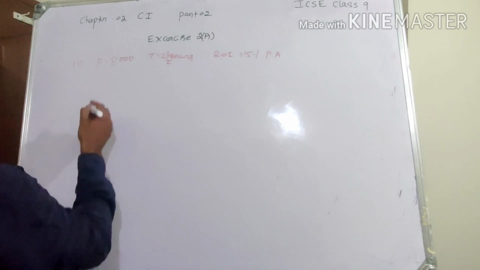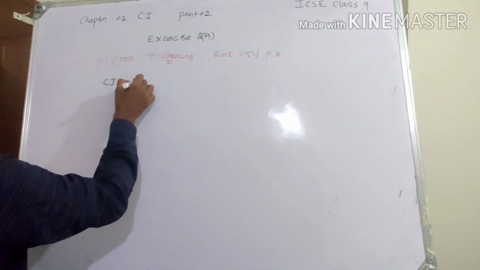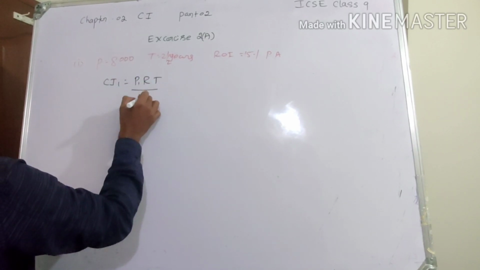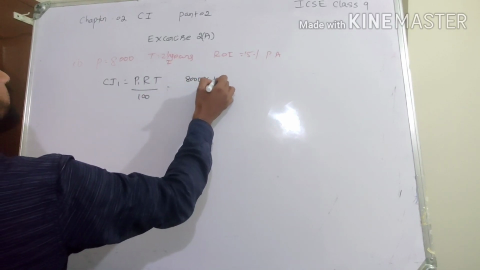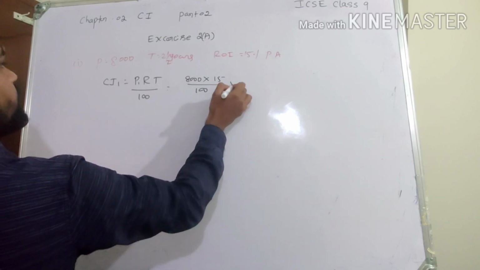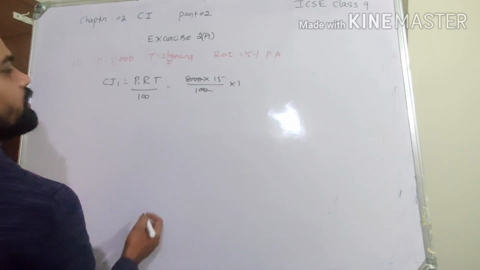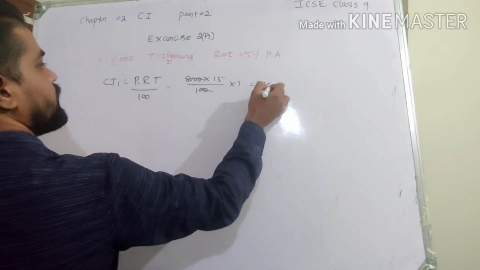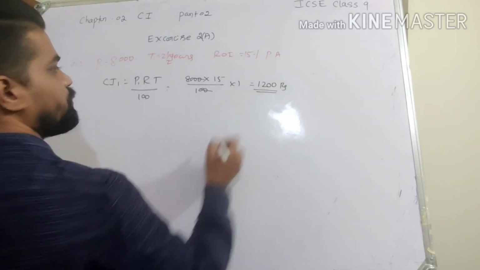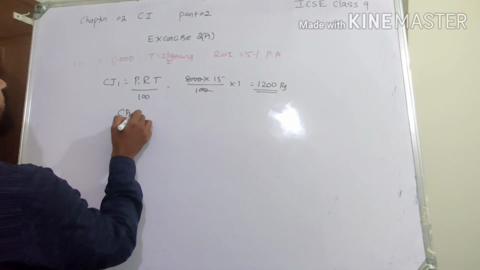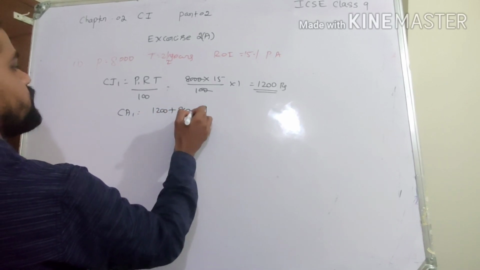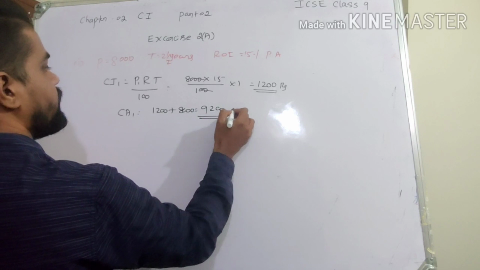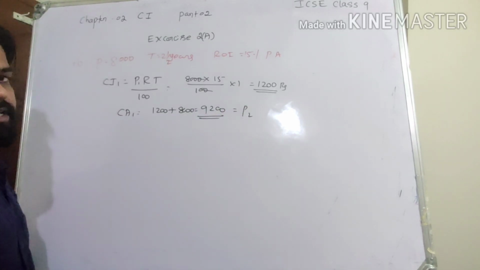So the compound interest for the first year will be P1 RT by 100. P1 is 8,000 and the rate of interest is 15 by 100 into 1. So this will cancel. 15 8s are 120, but it is 15 80s are 1,200 rupees. So the compound amount will be 1,200 plus 8,000. It becomes 9,200. That also becomes P2 for the second year.